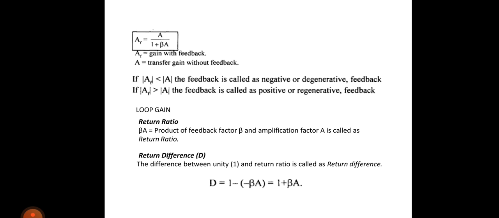In the previous block diagram, the input signal passes through the basic amplifier, then through the feedback network and gets back to the mixer, where it is multiplied by minus 1. Therefore what will be the loop gain? Loop gain is nothing but minus A beta. The path which takes us from the input terminals through the amplifier and feedback network back to the input is known as loop gain. Therefore the product minus A beta is loop gain or return ratio.